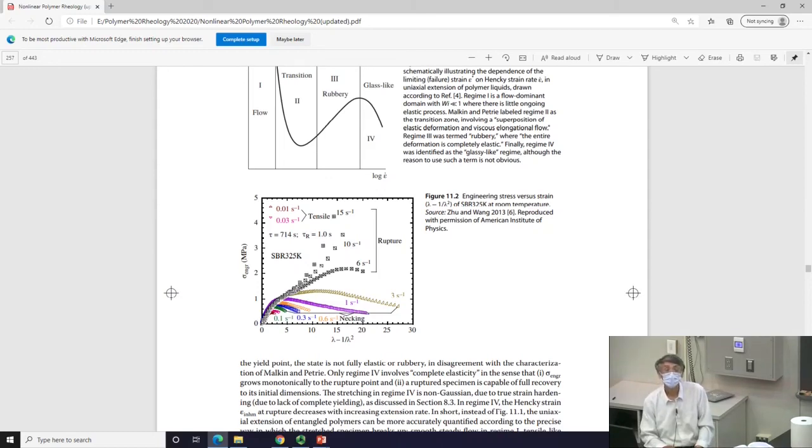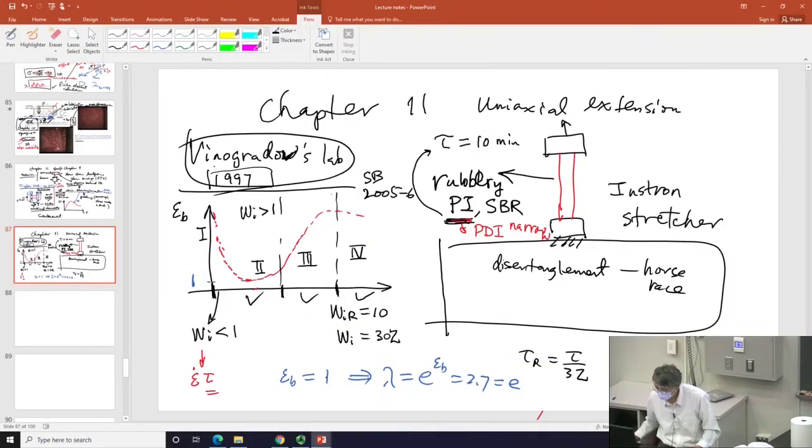The peak is an indication of yield. The peak in the tensile force is an indication of yield because if your sample would remain entangled, your force should keep rising. Remain entangled, then I can use this formula to describe the engineering stress.